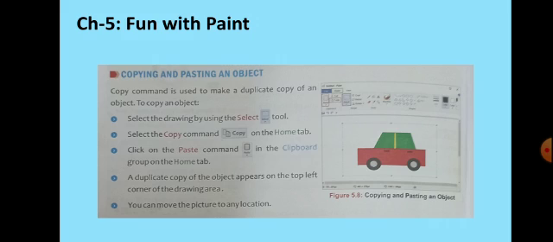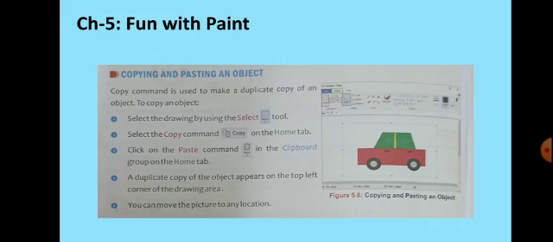So to copy an object, what are the steps we do? We select the drawing by using the select tool and select the copy command on the home tab. You click on the home tab, you will find the copy command. Once you have copied it, then click on the paste command in the clipboard group on the home tab again.